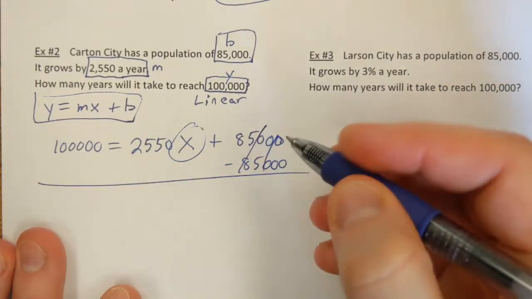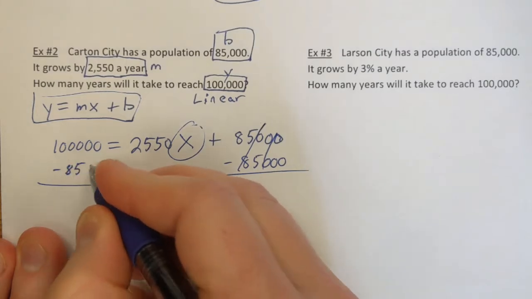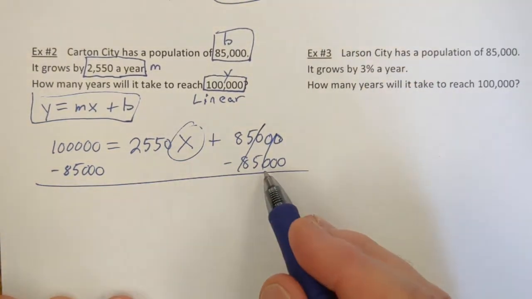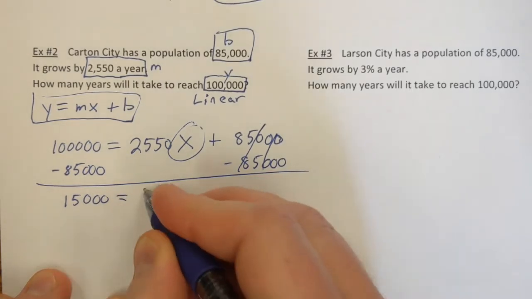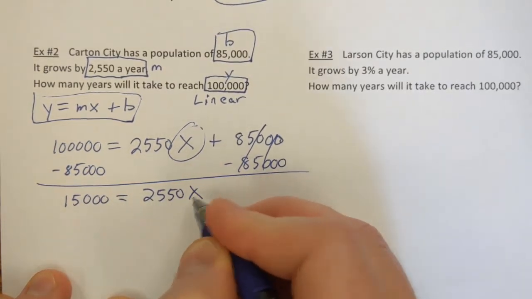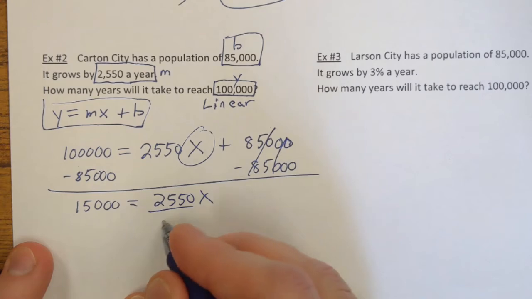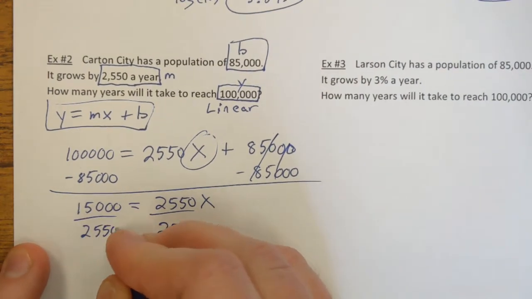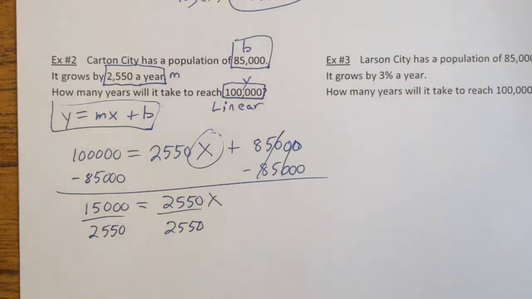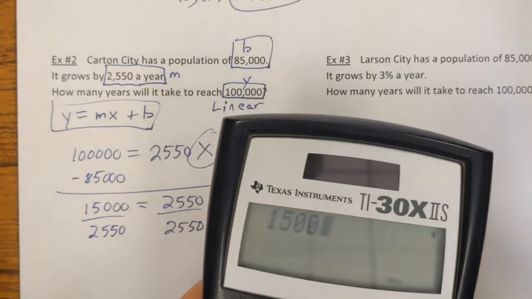We can easily solve this in 2 steps. Okay, you learned how to do this back in Unit 1, solving for a linear equation. We're going to subtract the 85,000 from both sides. And then we're going to divide by 2550 both sides. Just simple algebra here, basic Algebra 1 type stuff.